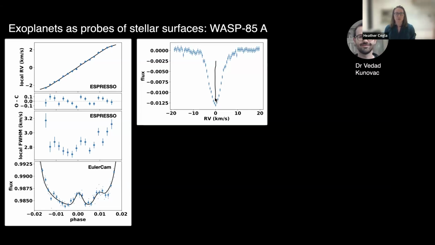If you really nailed down the rotation period, it would help you figure out if you're seeing the same spot again, and could help you probe the spot lifetime. But this was a good system because it occults them multiple times, though difficult because it's a close binary as well.